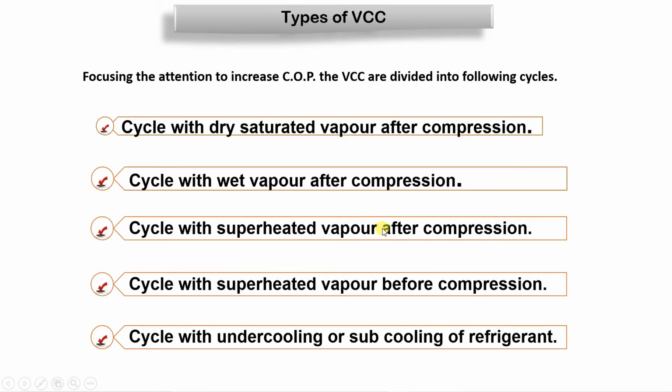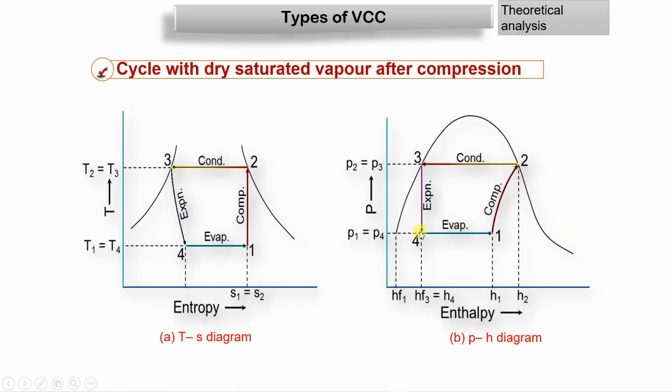Now see the types of vapor compression system. What is the type? Cycle with dry saturated vapor after compression. After compression, dry saturated vapor. What is the meaning of this? We'll see that.